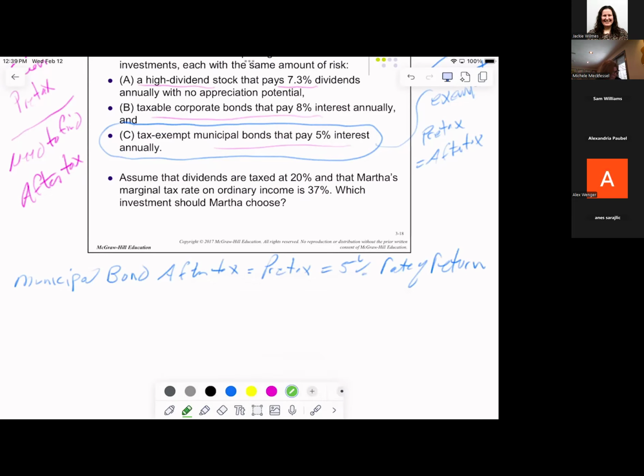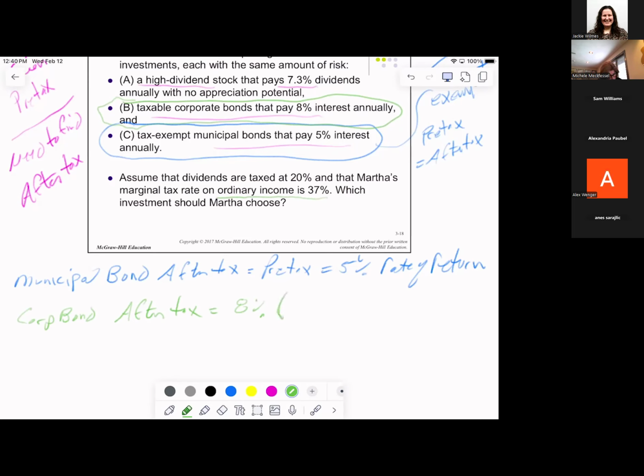Next, let's look at the taxable corporate bond. We're still looking for after tax, but we know that its pre-tax rate of return is 8%, and we know that ordinary income is taxed at 37%. That is the tax rate on that corporate bond interest.